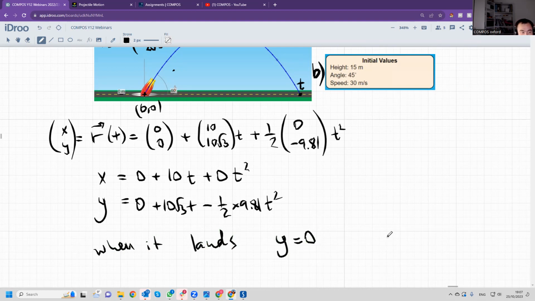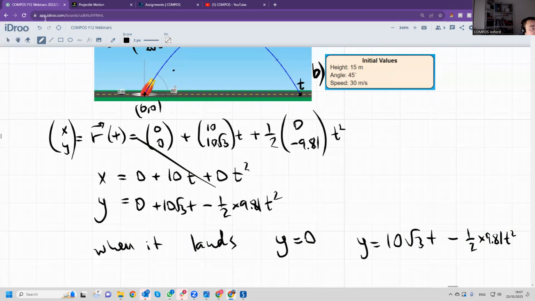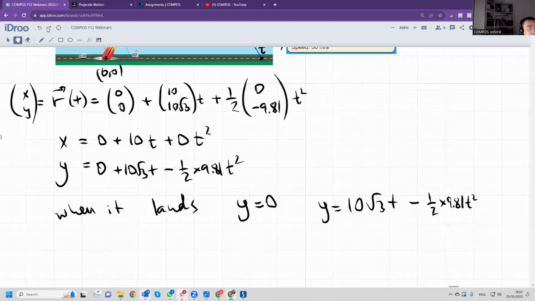So we have y, which is 10 root 3 t minus 1/2 multiplied by 9.81 t squared, and this is equal to 0.